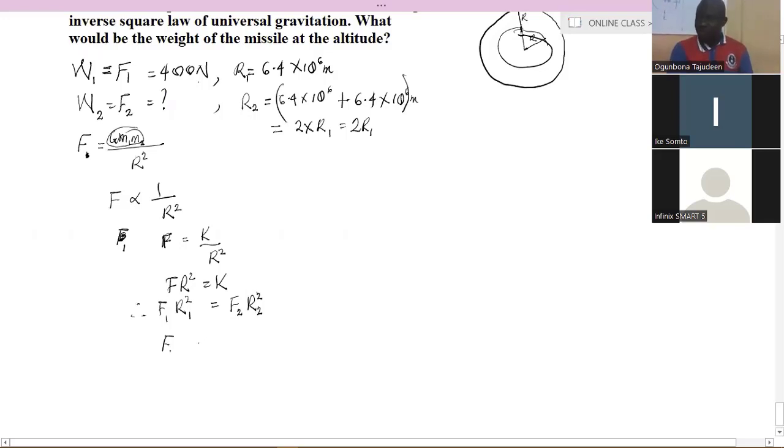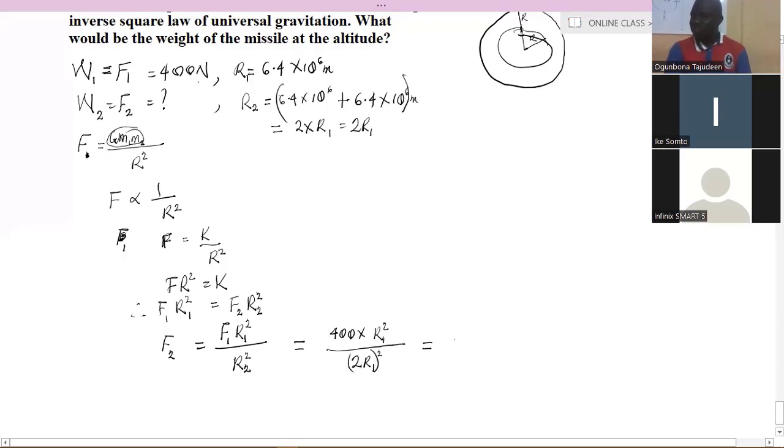So F2 now will be F1 R1 squared all over R2 squared. In essence, F1 is 400 times R1 squared. I don't want to use the figure 6.4 times 10 to the power 6 again, I don't need it. So we write 2R1, then square everything.